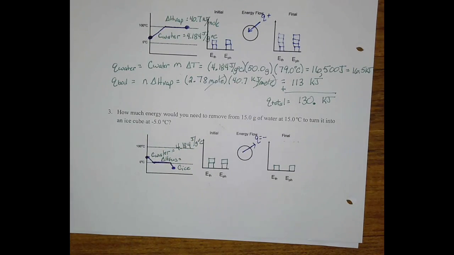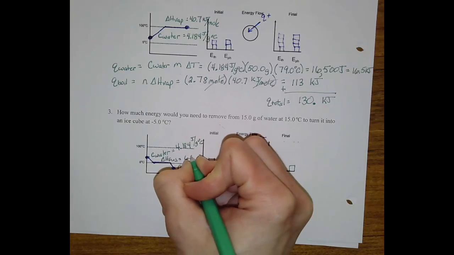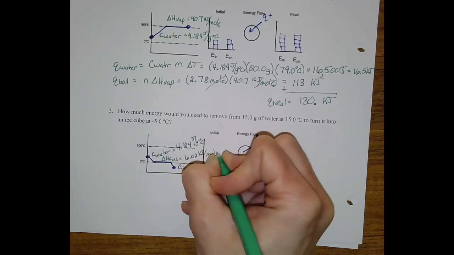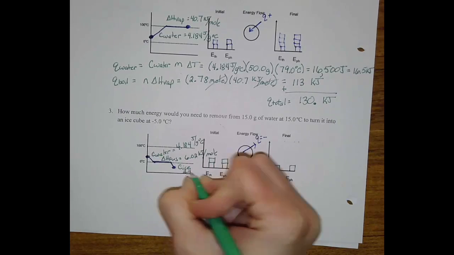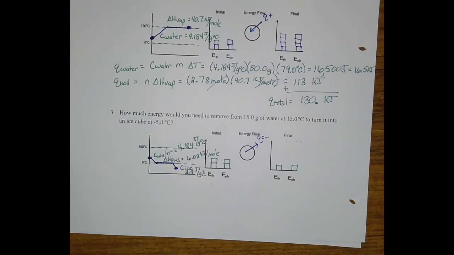Heat of fusion, checking my sheet, 6.02 kilojoules per mole. And specific heat of ice, 2.11 joules per gram degree Celsius. So I found all my parts and pieces.